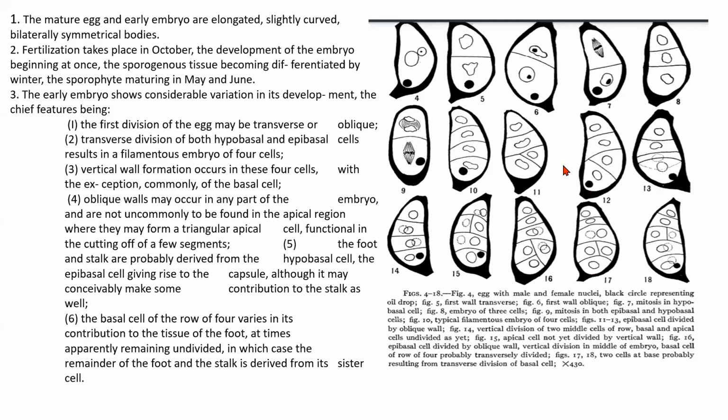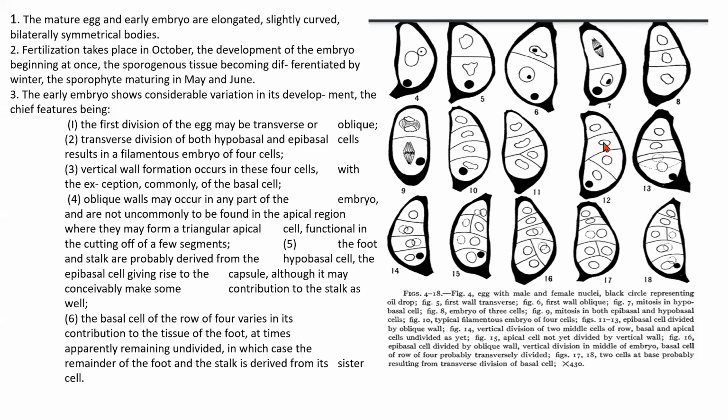The vertical division mainly occurs so that the foot portion is demarcated. So the foot and the stalk are derived from the hypobasal cell, the lower cell, and the epibasal cell gives rise to the capsule.